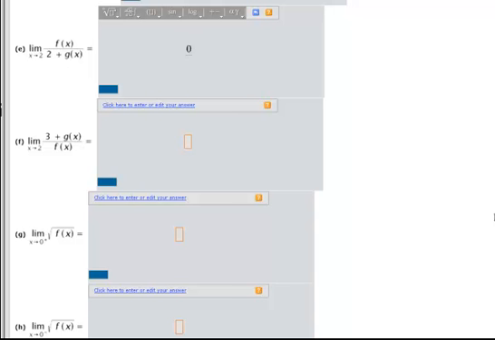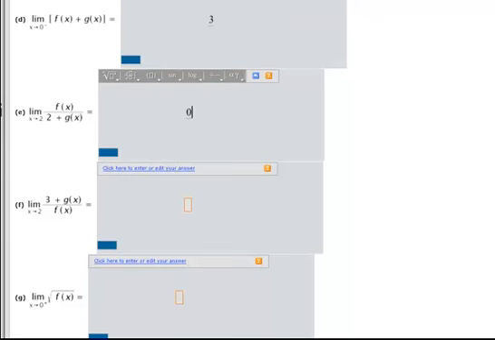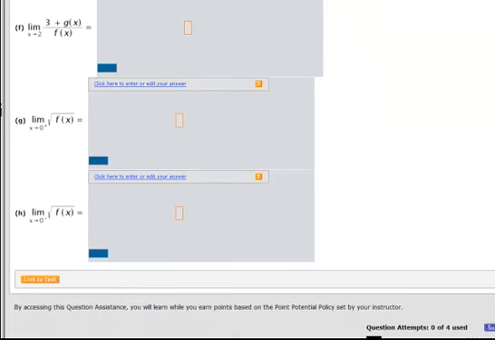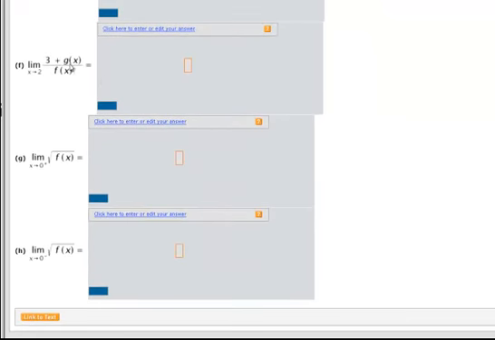Okay, 3 plus g of x divided by f of x. So the limit as x approaches 2 of g of x and f of x. The limit as x approaches 2 of g of x is 0. So that would be 3 plus 0.